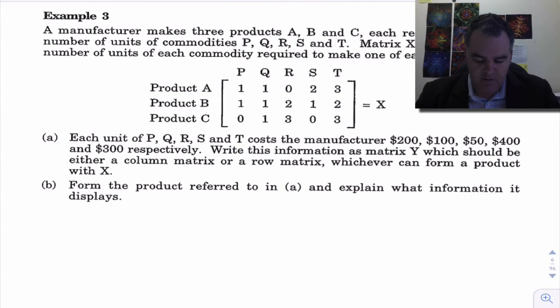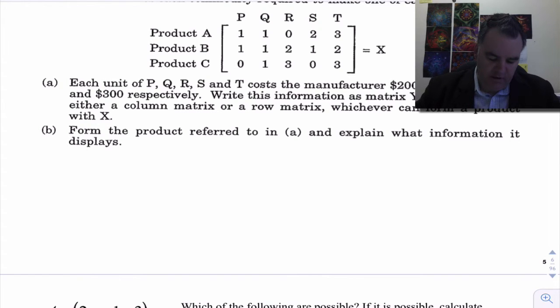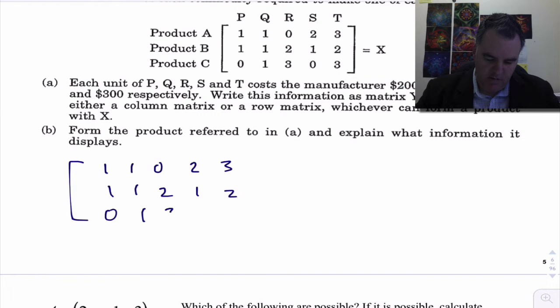Now we've got the costs to the manufacturer of each of P, Q, R, S, and T. And then what we want to do is form a product and explain what information it displays. So if we say 1, 1, 0, 2, 3, 1, 1, 2, 1, 2, and 0, 1, 3, 0, 3.